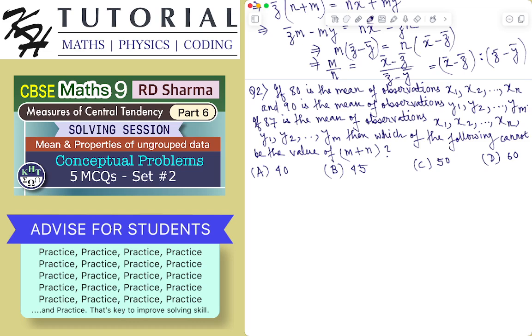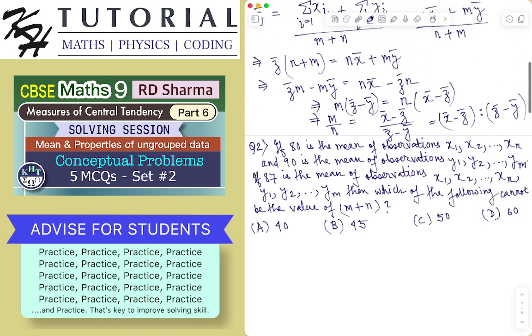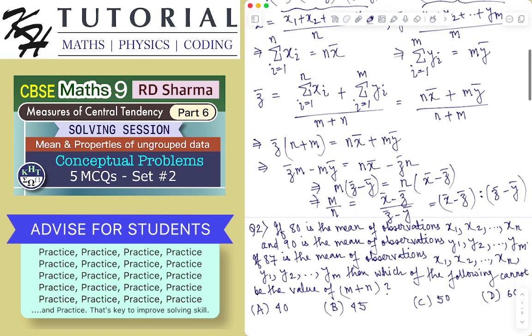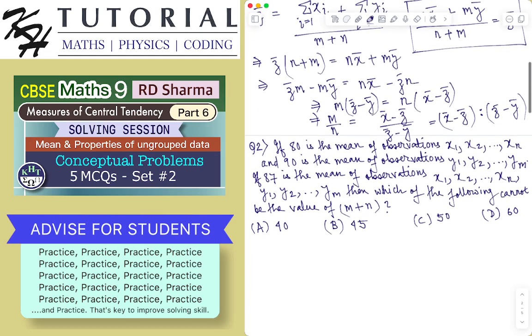Okay, so first of all, applying the above concept from the previous problem, the combined mean z bar is equal to (n x bar plus m y bar) divided by (n plus m), where x bar is the mean of the first n observations, and y bar is the mean of the second small m observations. If I apply this formula, I have 87 as the combined mean.